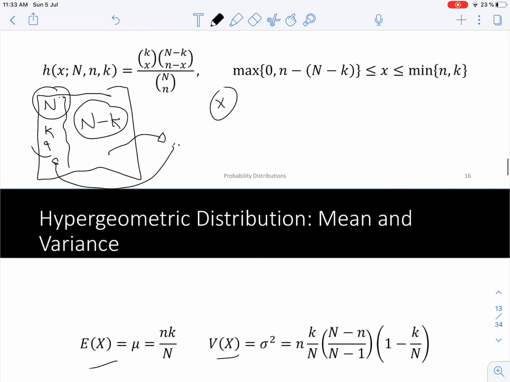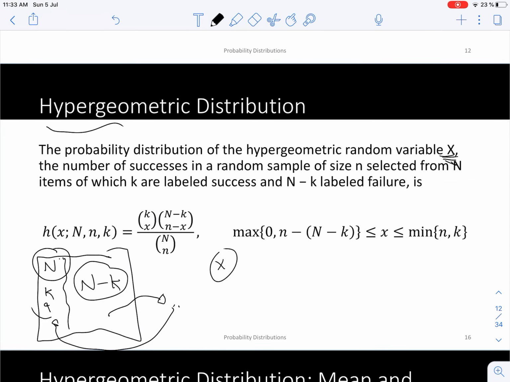That's the equation, guys. It looks different, but it's the same thing. So from k, that's from 3, we take 1, we take x. From the remaining, this is 37, we take the remaining part of the sample, so it's 5 minus 1, 4. And we divide over the total number of sample points. So there are 40 products, and we take 5.